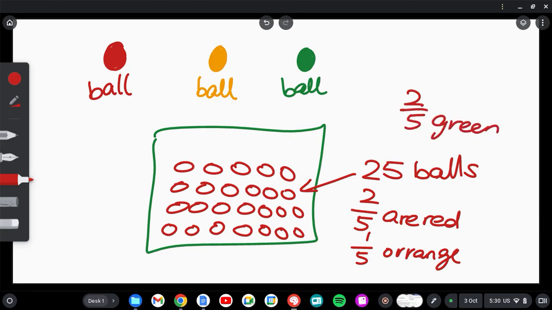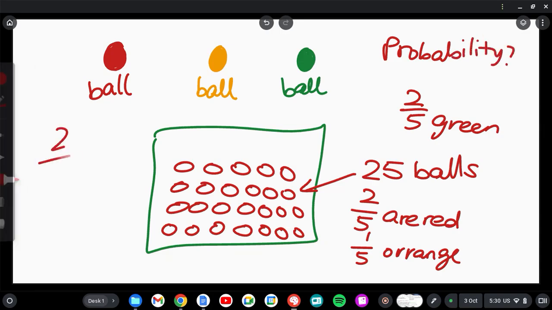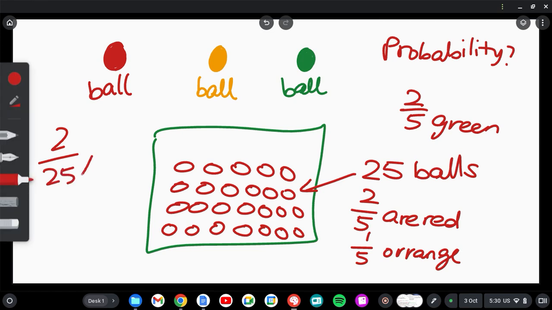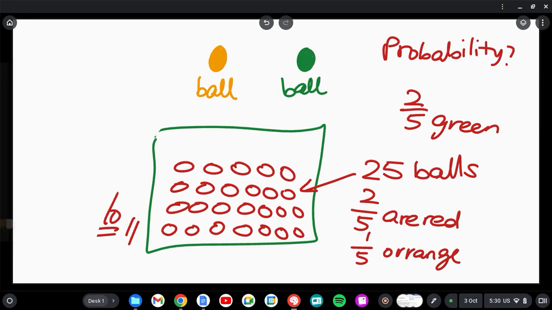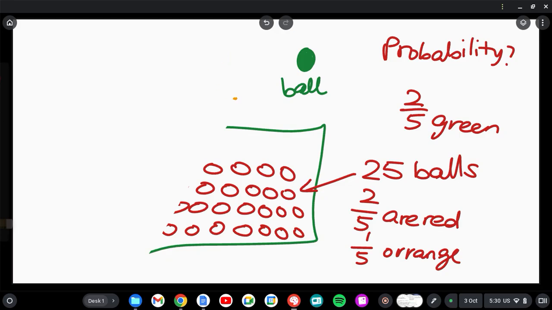They will ask you what's the probability. Probability is when you take the amount, which is 2 over 25 total, times 100. 8%. This is your probability. Problem solved. Alright, probability is as simple as this.